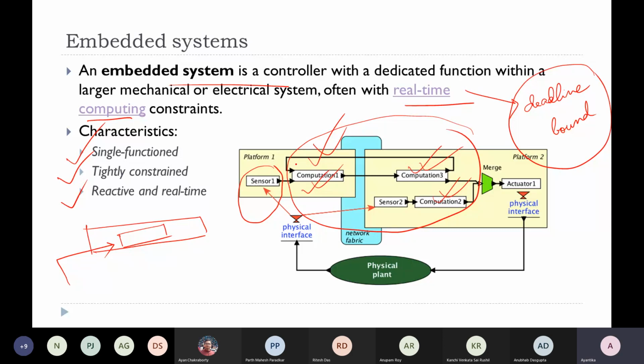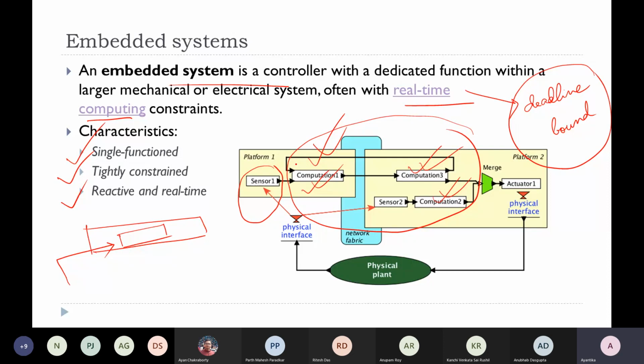So when we are thinking about embedded systems, or developing an embedded ML controller, this type of wearable device, of course, in terms of battery, in terms of power, it is tightly constrained. It is single function. It is not that the device is doing multiple things, like your laptop, where you are listening to lectures, opening PPTs, presenting something, running code.